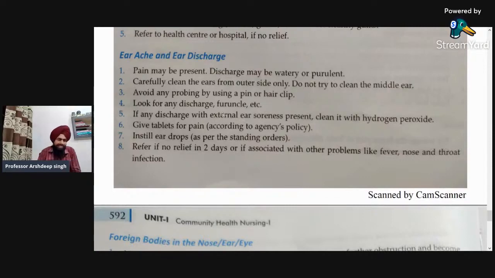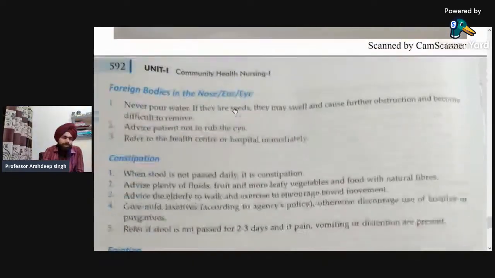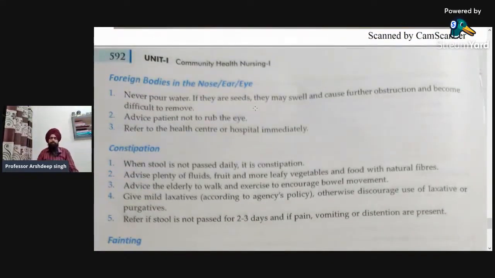Okay. Next, foreign bodies in the nose, ear, eye. So what are the things? Nose, ear, eyes. These are the portals of exit or entry in our body, so some things can act as a foreign body if they get stuck in our nose, ear or eye.